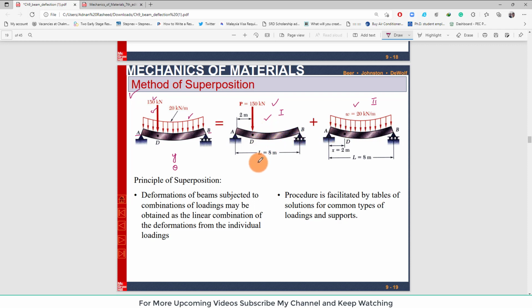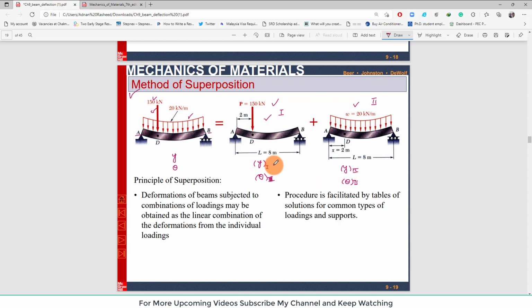Now we will find the deflection and slope for loading 1. Clear? This is loading 1. And we will also find the deflection and slope for loading 2.